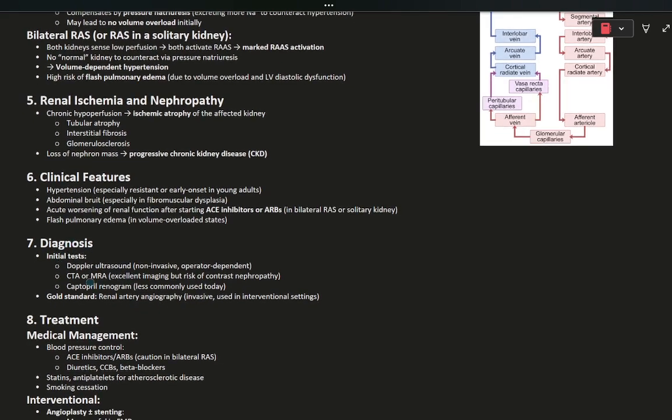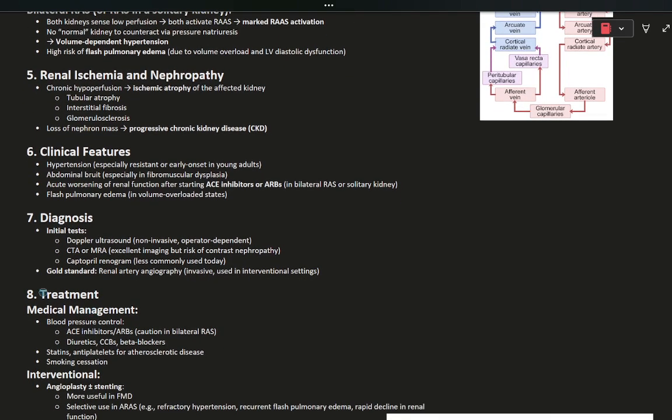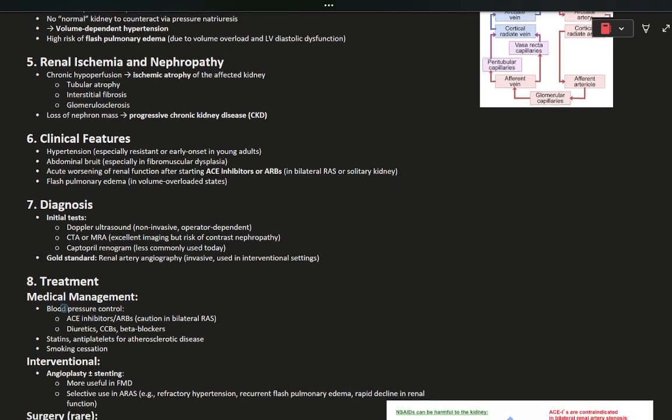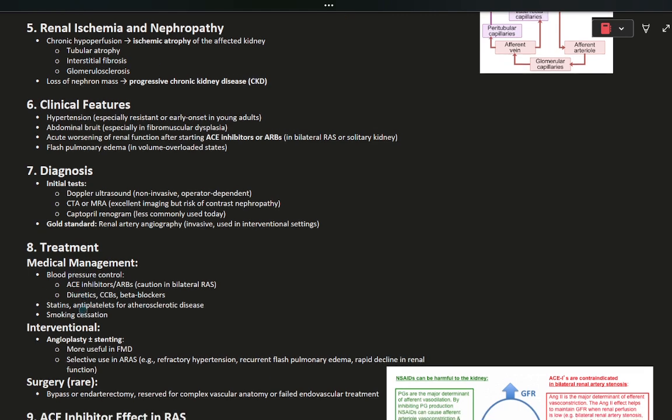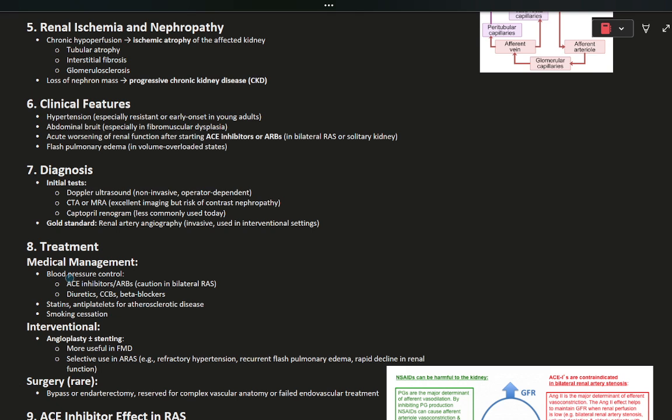Once we have confirmed the diagnosis, of course we need to consider what treatment mechanisms to use. So, we can use some medical or pharmacological management. So, blood pressure control. They're normally controlled through ACE inhibitors or angiotensin receptor blockers.